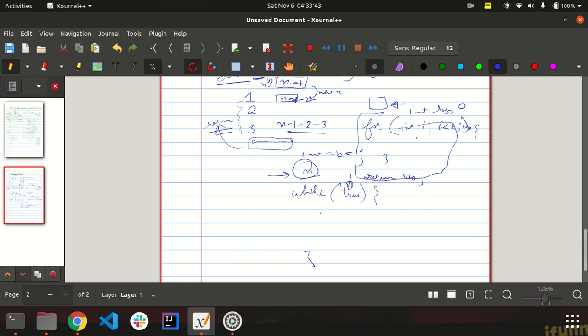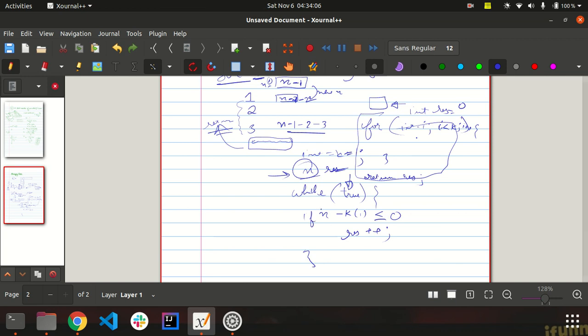So first of all we can check, is n minus k, which is currently n minus 1, less than or equal to 0?